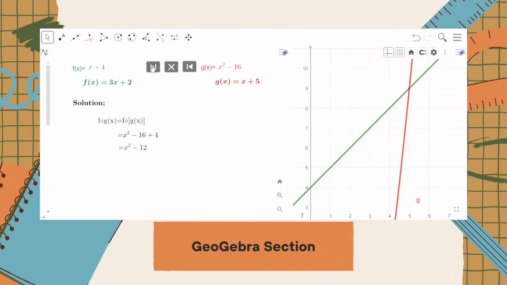Alright. Next question is you have to find the composite function of g(x) and also f(x). So what you have to do, just repeat the same step. You have to substitute the function f(x) here in the x of g(x).